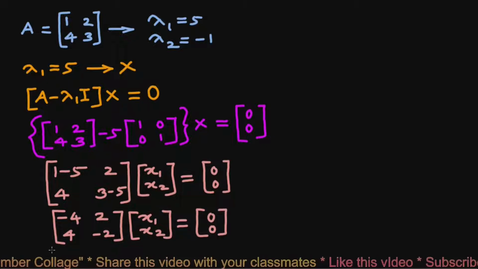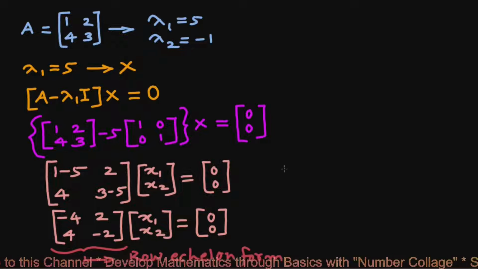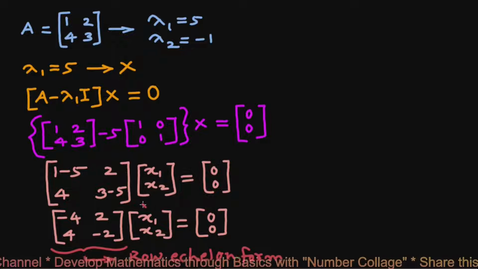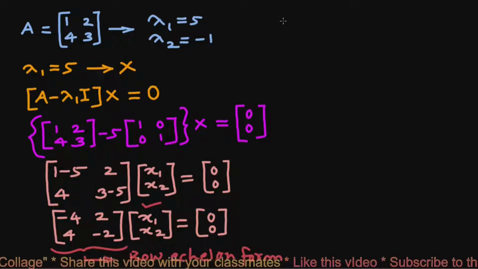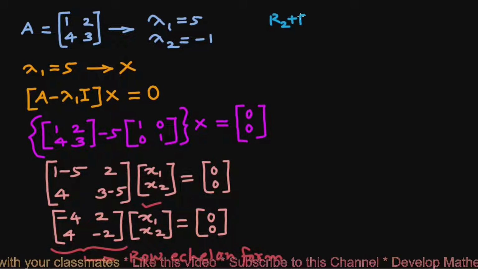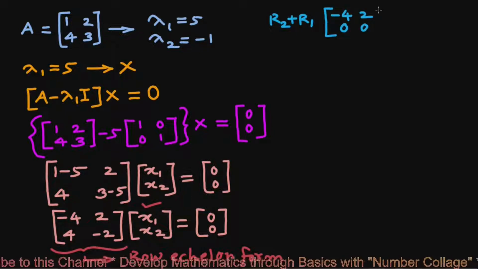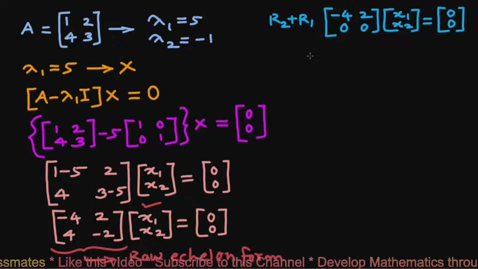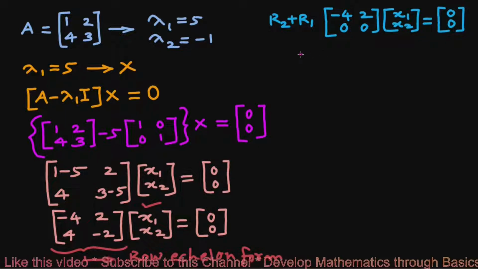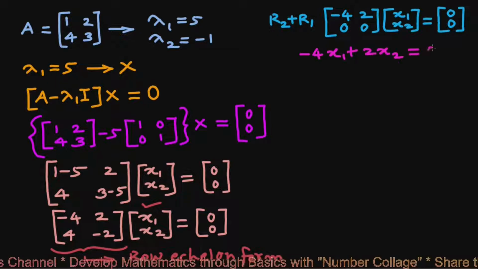We will reduce this matrix into row echelon form in order to find the values of x1 and x2. For that, we will perform row transformation R2 plus R1. That gives [minus 4, 2; 0, 0]. Matrix multiplication gives us a linear equation in x1 and x2, that will be minus 4x1 plus 2x2 equals 0.